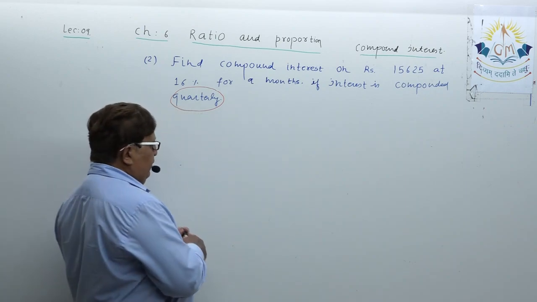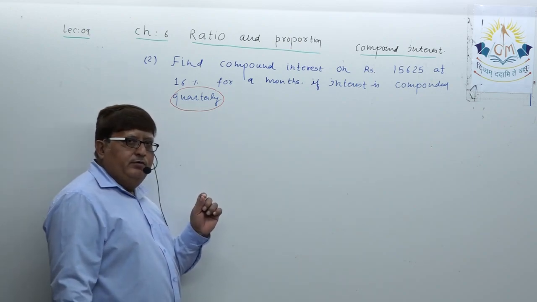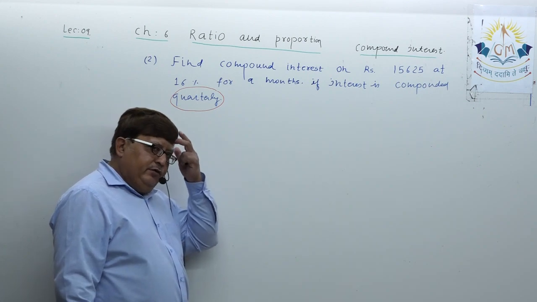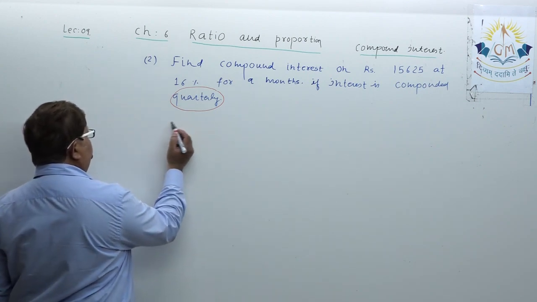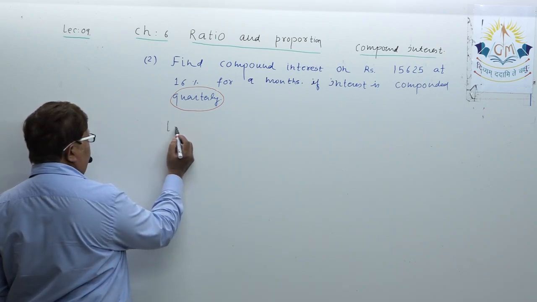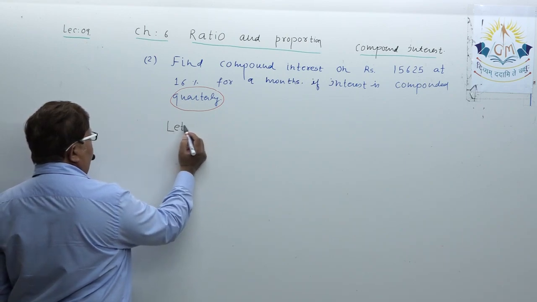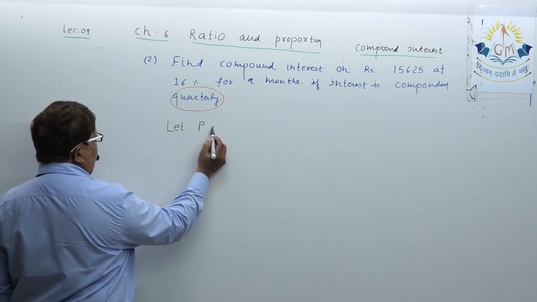Understood? Okay. Be very conscious because after solving this example, one more example for SLP I will give instantaneously to solve. Okay. Let us try to solve this. Let, as you know, no change will occur to the principal. Okay.